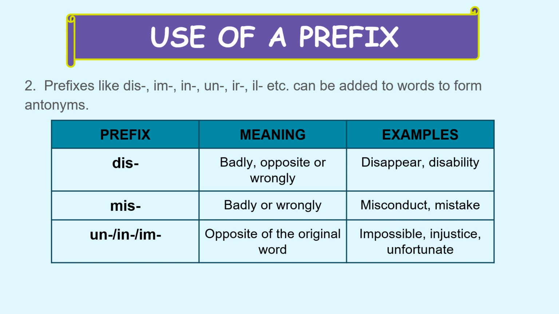When we add prefix miss with conduct and take, it becomes misconduct and mistake. When prefixes un, in, im are added with possible, justice and fortunate respectively, they become impossible, injustice and unfortunate.